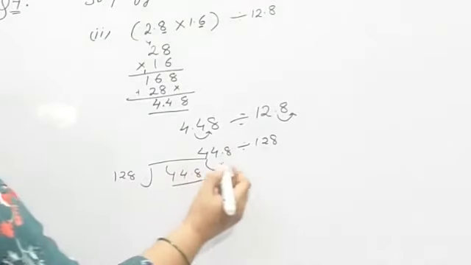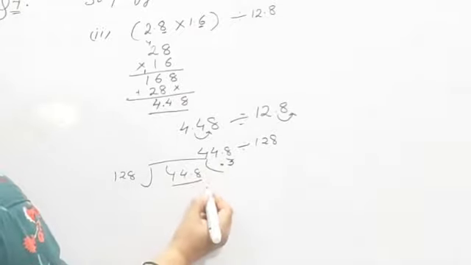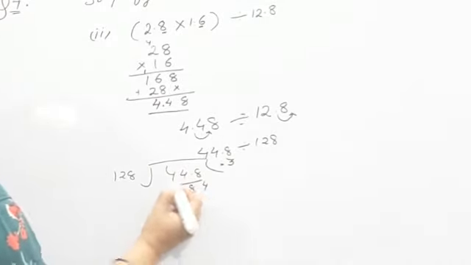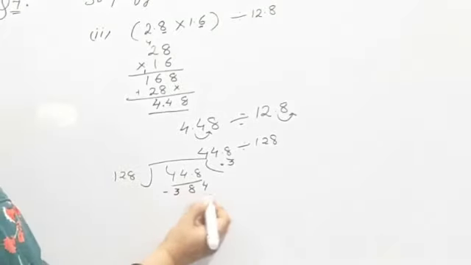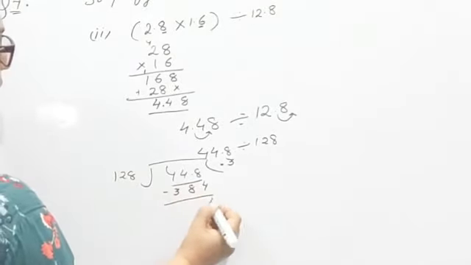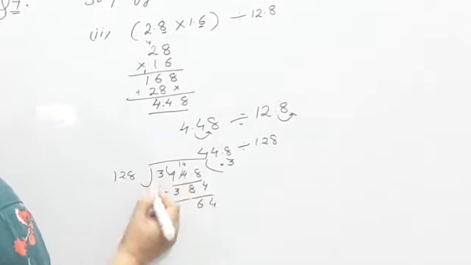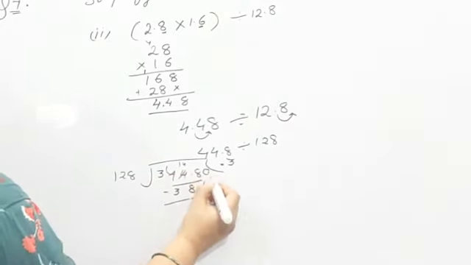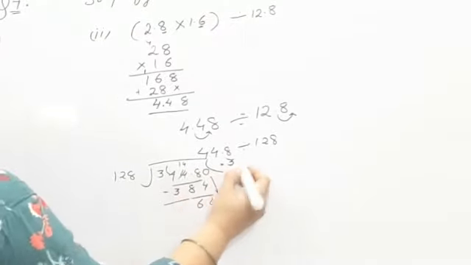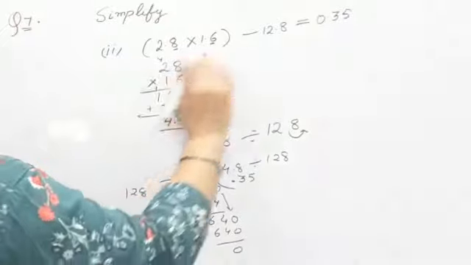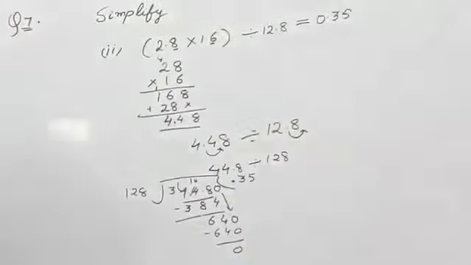It will go 3 times. 3 8s are 24, 3 2s are 6, 7, 8, 3 1s are 3. Do subtraction, 8 minus 4, 4, 14 minus 8, 6, here 3. So add 1 zero and bring that 0 down, it will go 5 times, 640. Hence the solution of this simplification is 0.35.